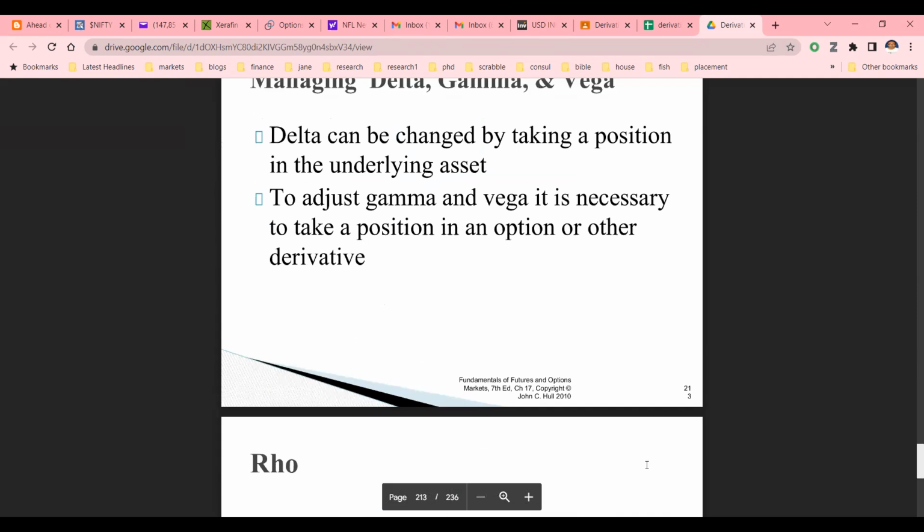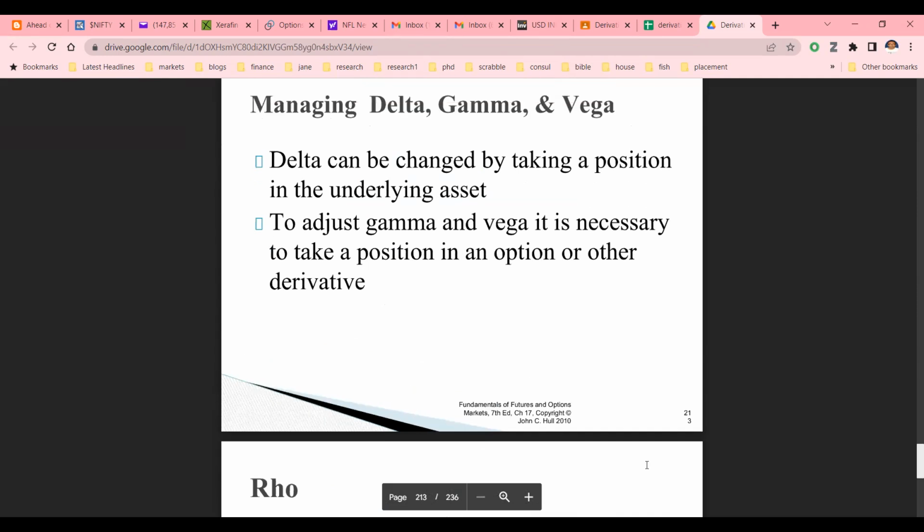Okay, so how do you manage this? So delta can be managed by taking a position only in the underlying asset. So to adjust gamma and vega, you should be able to take positions in the derivative itself, in the option itself.